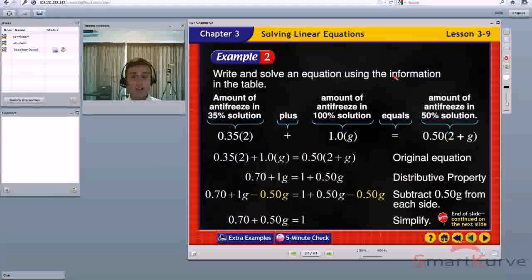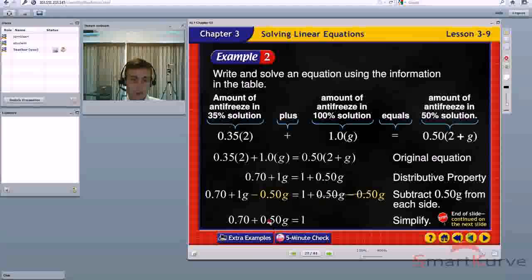Write and solve an equation using the information. The amount of antifreeze in the 35% solution is 0.35 times 2, plus 1.0 G, equals 0.50 times 2 plus G. Use the distributive property. 0.35 times 2 is 0.70. 1.0 times G, 1G. 0.50 times 2 plus G, 1 plus 0.50 G. 0.70 plus 1G minus 0.50G, we're getting rid of this 0.50G, equals 1 plus 0.50G minus 0.50G.